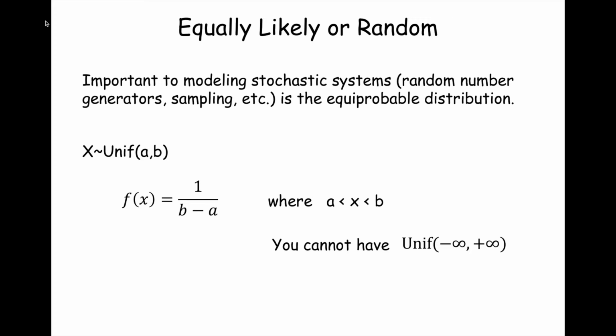We write from minus infinity to a the same probability density integrated dx, then add the result from a to b of our density 1 over b minus a dx, and then add the remaining portion from b to positive infinity of 1 over b minus a dx.